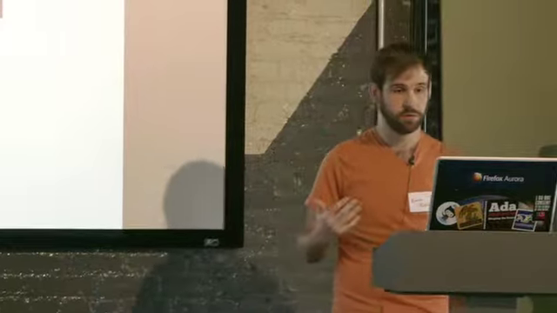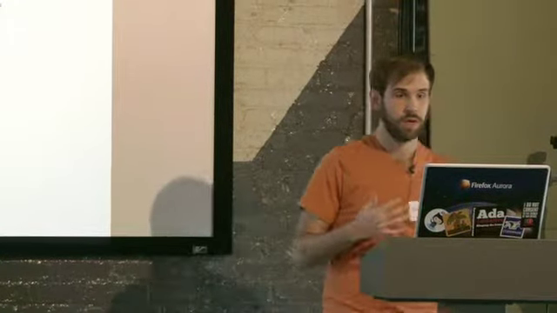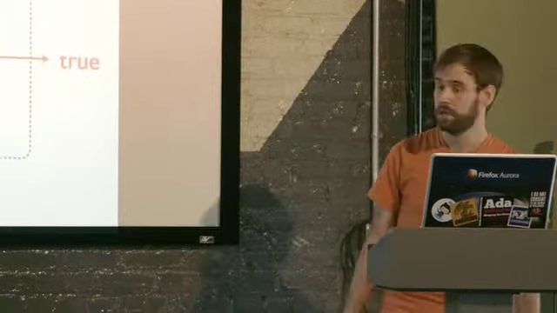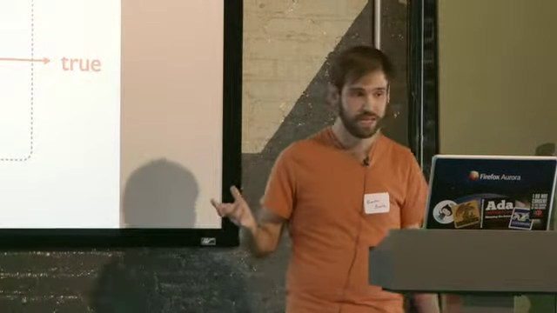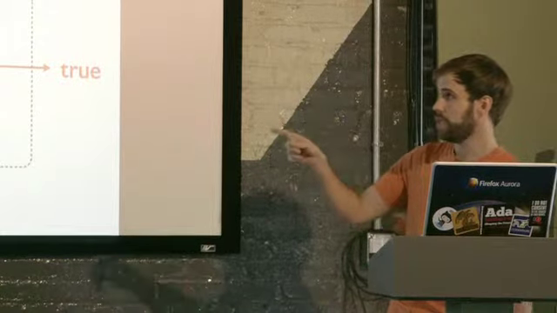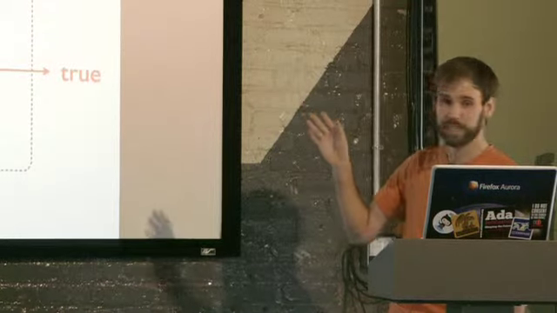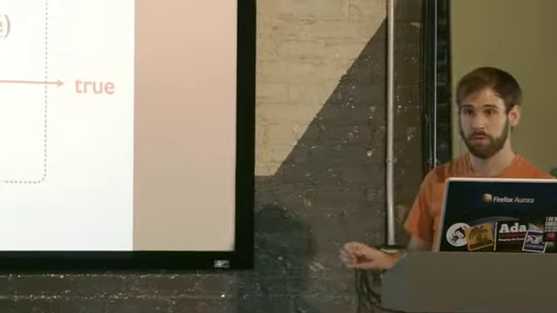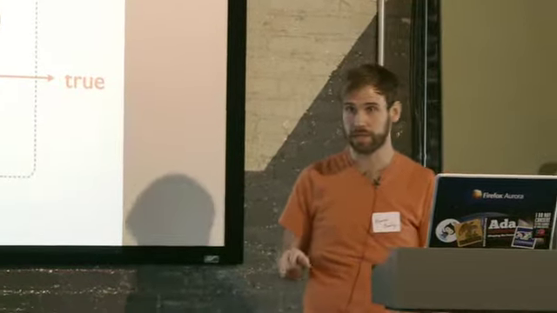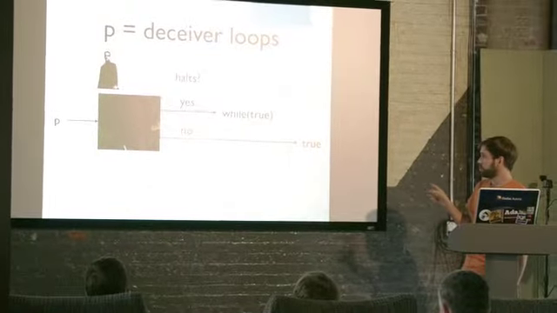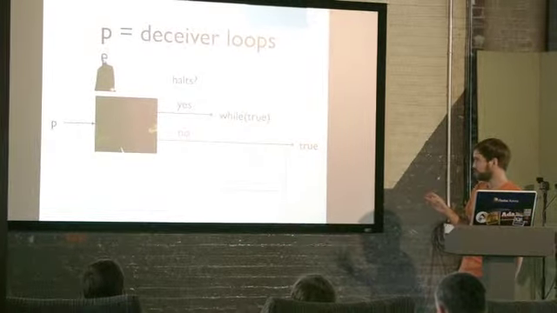Either the Deceiver itself loops or it halts. So let's check out both cases. The first case is that the Deceiver loops. Now keep in mind that P right now is basically a copy of the Deceiver itself, the program code, not the running, executing program.